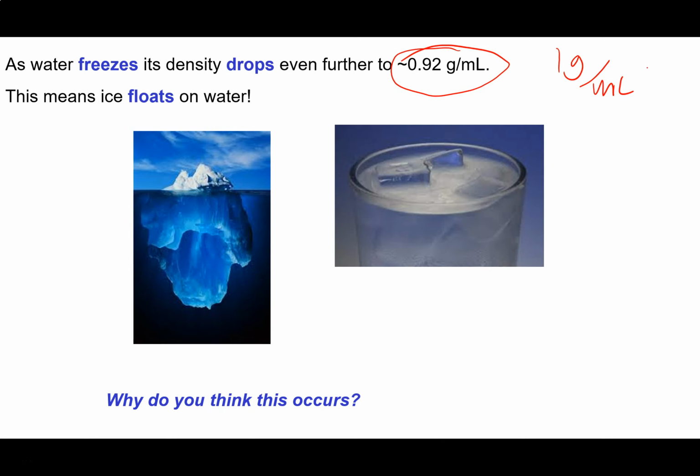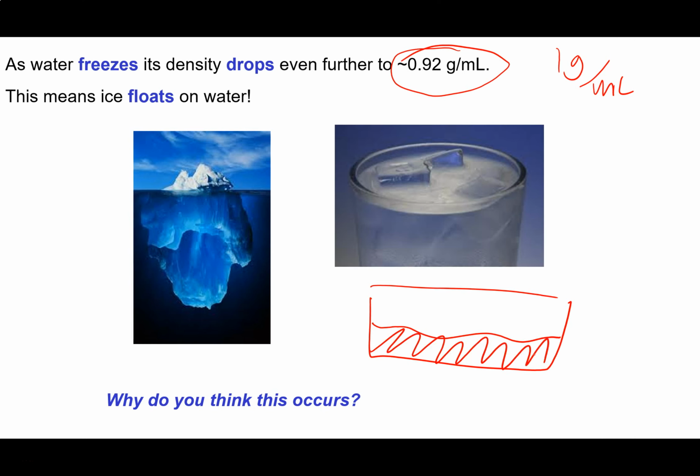And so as a result, ice floats on water, which is really cool because it would be a disaster if our oceans froze at the bottom, because that would mean that every time we got down to 0 degrees Celsius, the bottom of the ocean or the bottom of our lake, all of the plants would be just frozen in ice, and everything would die. So that wouldn't be very good at all.